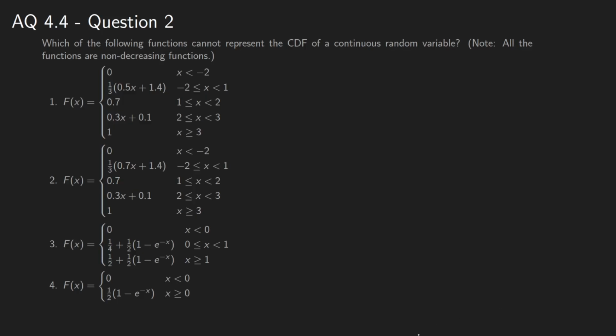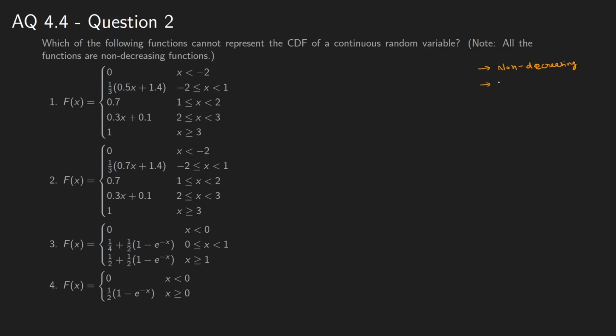This is question number 2 from activity questions 4.4. Which of the following functions cannot represent the CDF of a continuous random variable? And it's given that all the functions are non-decreasing. As we discussed in the previous question, there were some conditions required for a function to be a valid CDF. The first was that it should be non-decreasing.